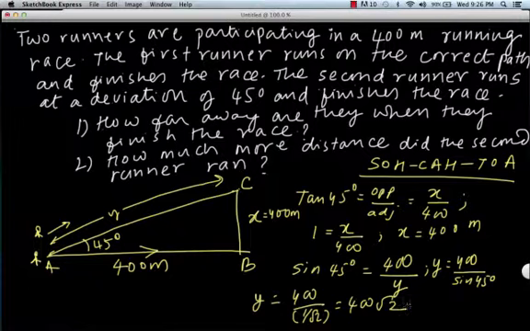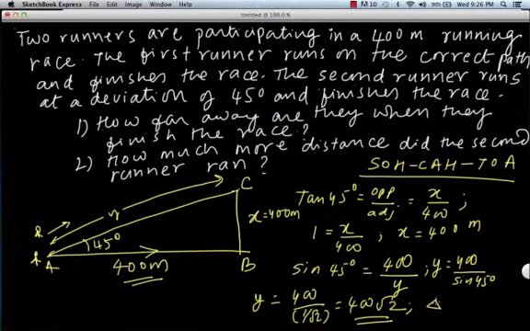So how much more distance did he travel? In order to calculate that, we subtract the distance traveled by the first runner from the distance traveled by the second runner. We know from our diagram that the first runner ran the distance of 400 meters and the second runner ran the distance of 400 root 2 meters.